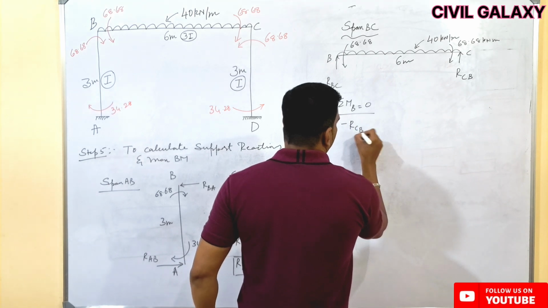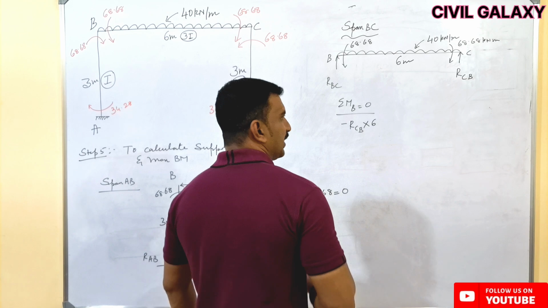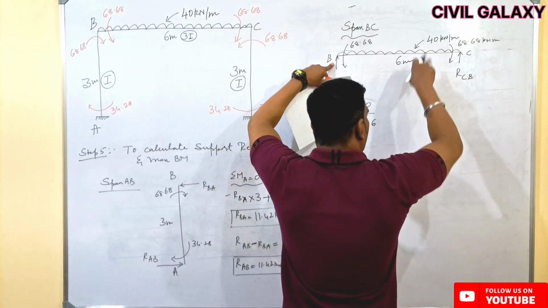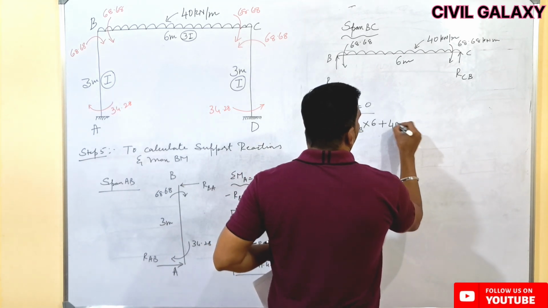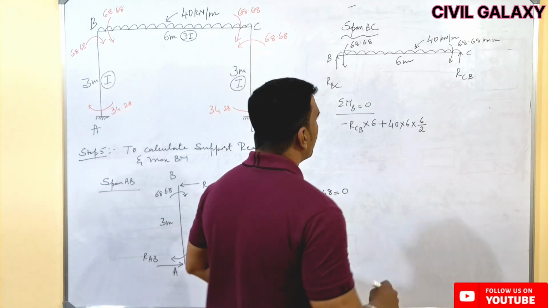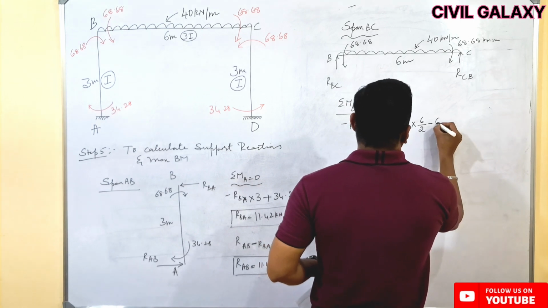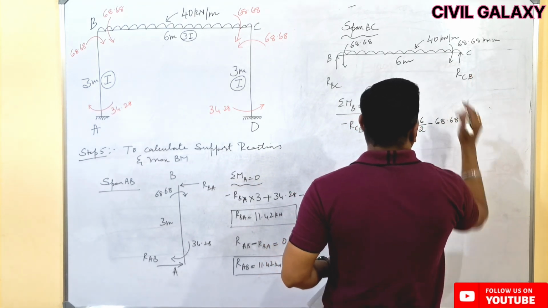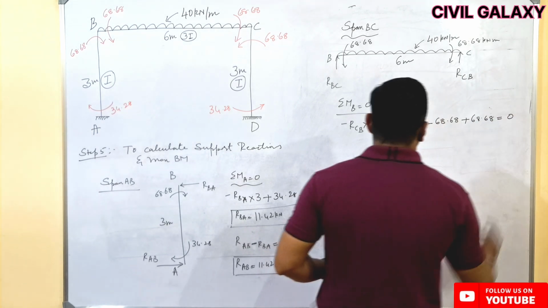So minus RCB into the total length, that is 6, and the UDL rotating in the clockwise direction, that is plus load multiplied by the distance to its centre of gravity, half the length. Here we have one anti-clockwise negative moment, minus 68.68, and one positive, plus 68.68, equal to 0.